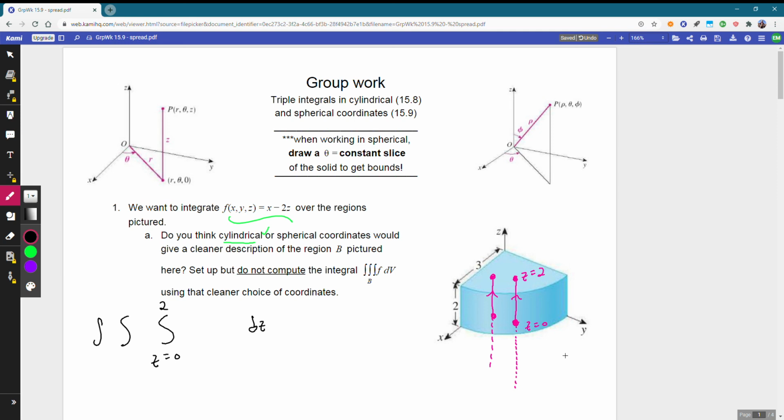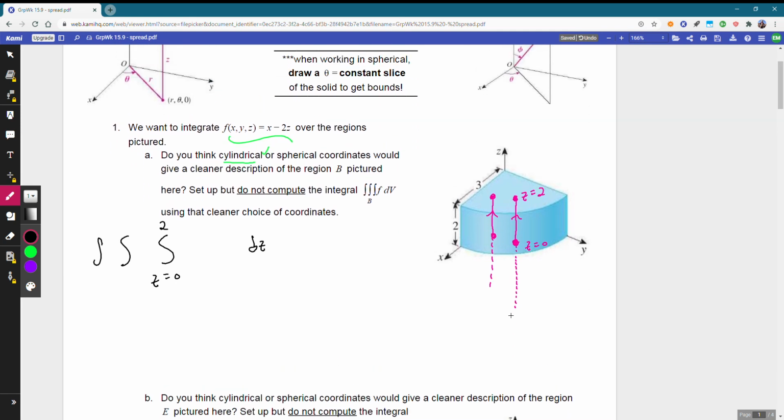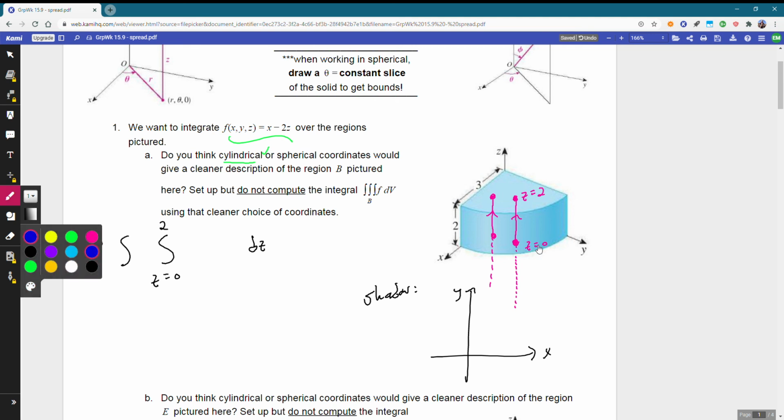Now, to take care of the shadow, let's get a picture. The question at this point is, well, what x, y's do we do this for? And so the shadow is going to be in the xy plane. I guess it looks like a circular region, radius 3 is how far we are coming out.